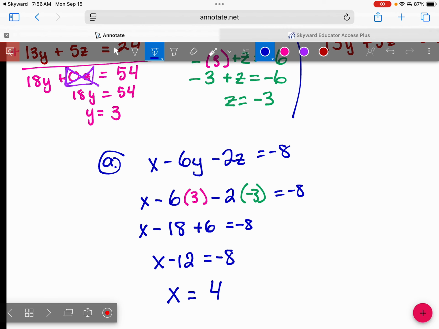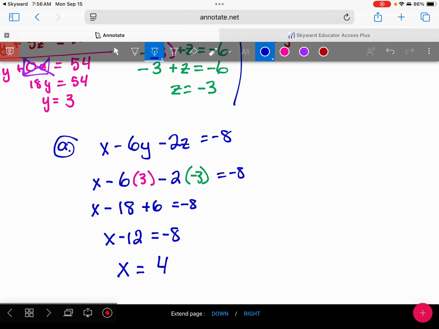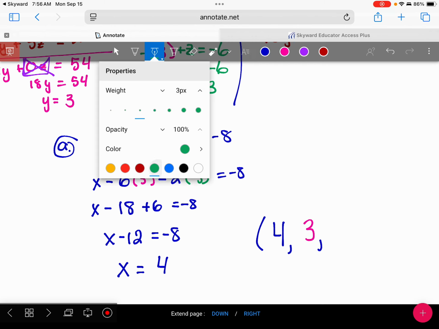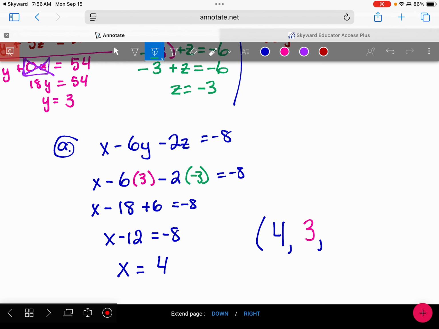Our very last step is to write this as our ordered triple, or ordered pair with an extra bit, where I put my x, and then my y, and then my z. Alphabetical order every single time. 4, 3, negative 3. So this guy is our answer.